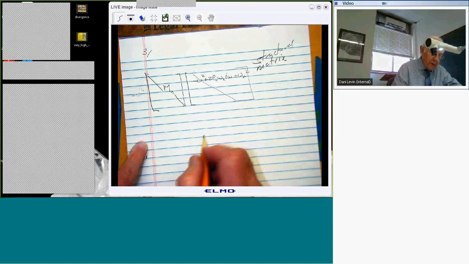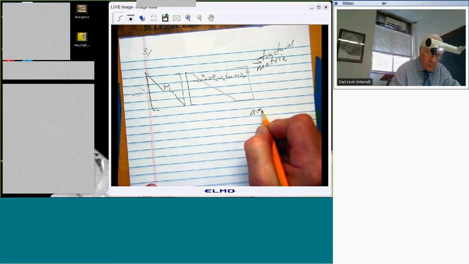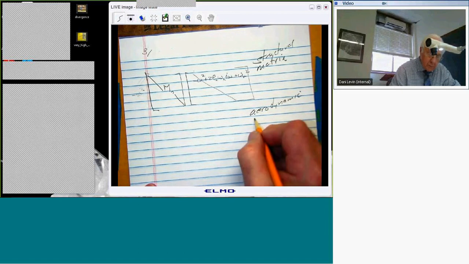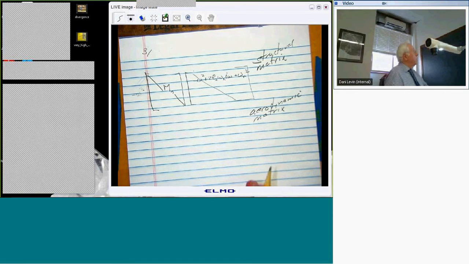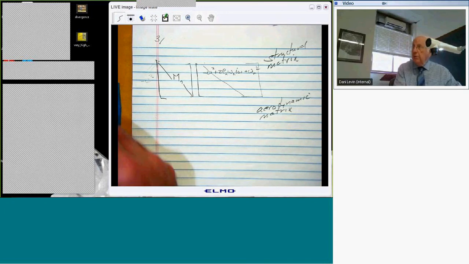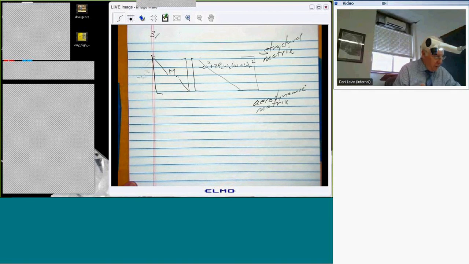What does the aerodynamic matrix look like? Well, it's full. We haven't uncoupled the aerodynamic matrix, right? In fact, that's difficult to do, and rarely done, if ever.